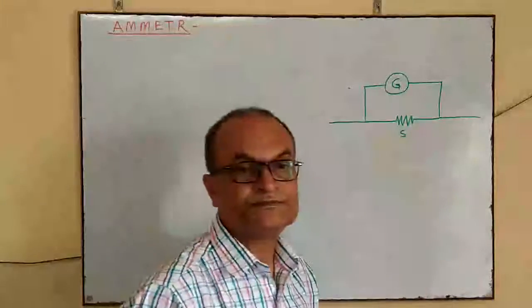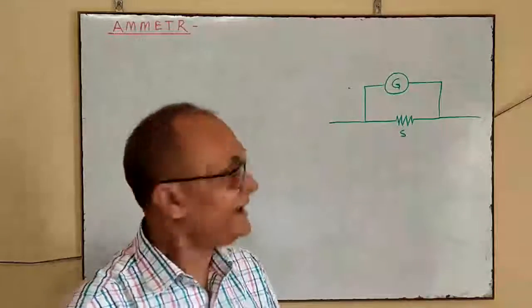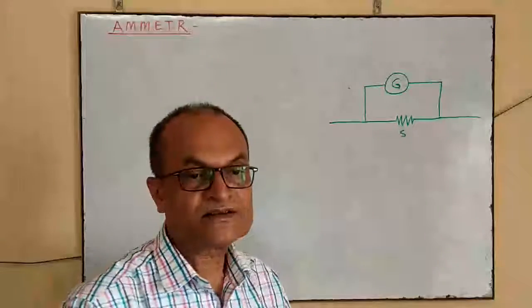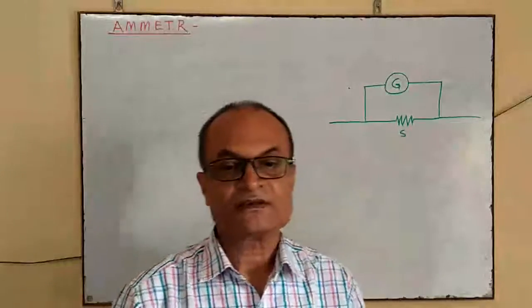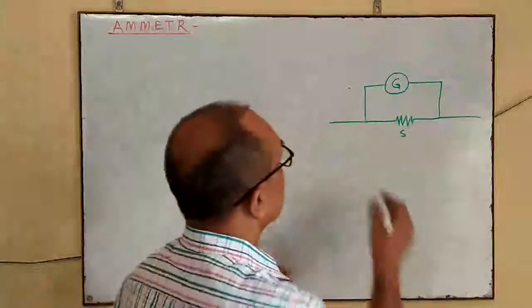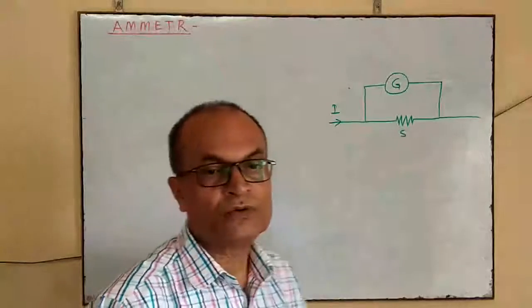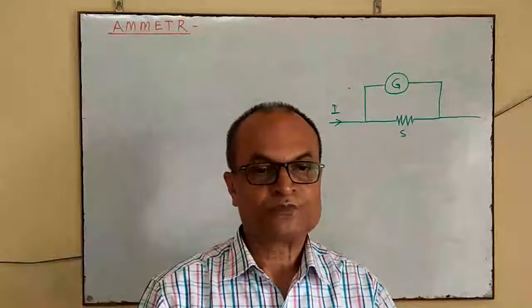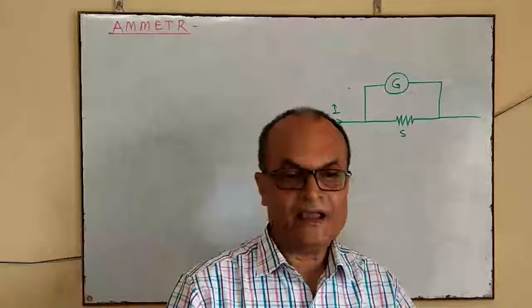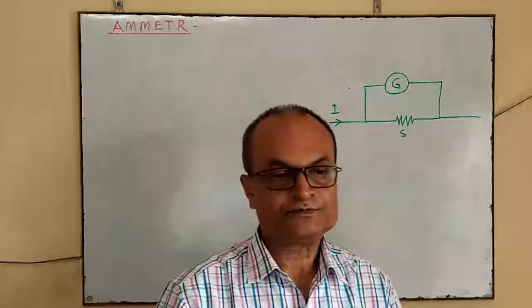G is the resistance of the galvanometer and S is the resistance of the shunt. Now let I be the total current to be measured in the circuit.